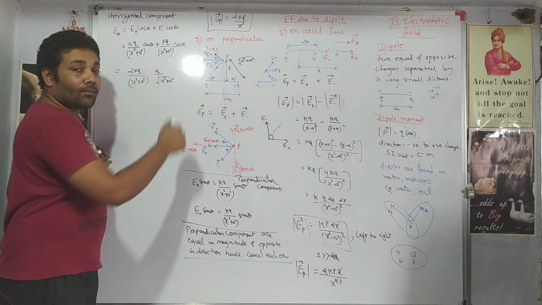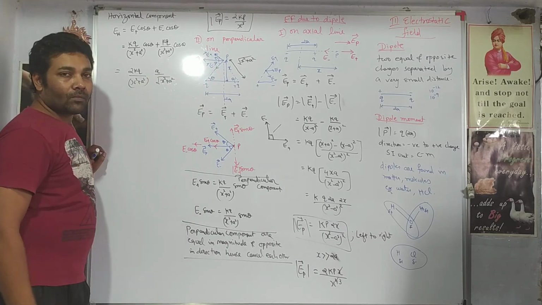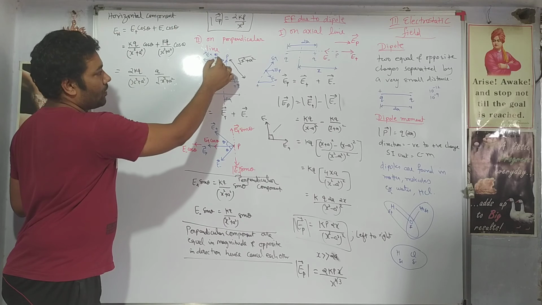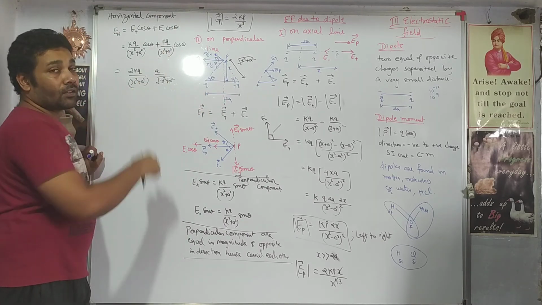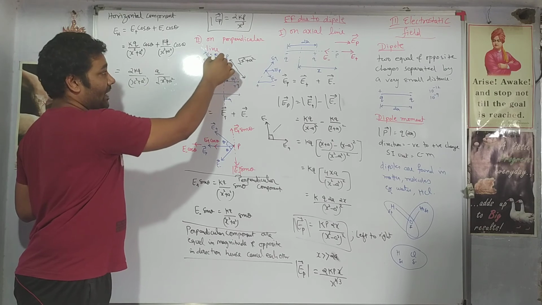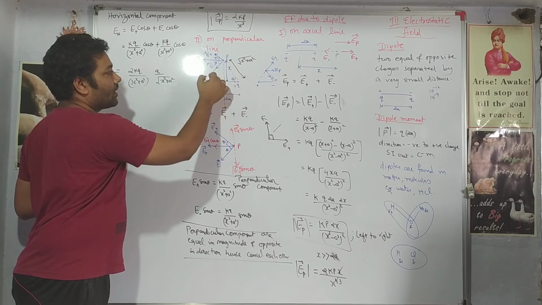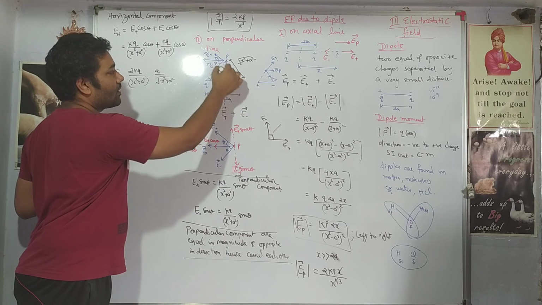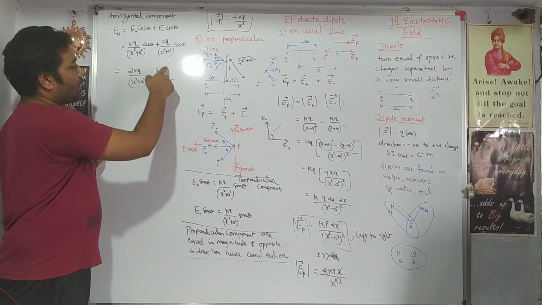Can we use this diagram or this theta to find the value of cos theta? No, because we do not know the values of these. These are just vector representations. Values are given in this triangle, so we have to use this triangle to find the value of cos theta.